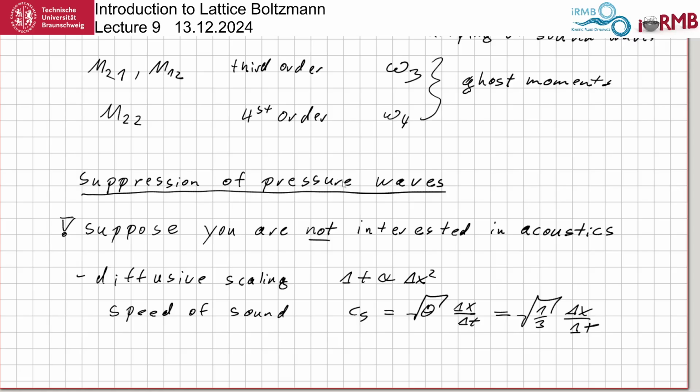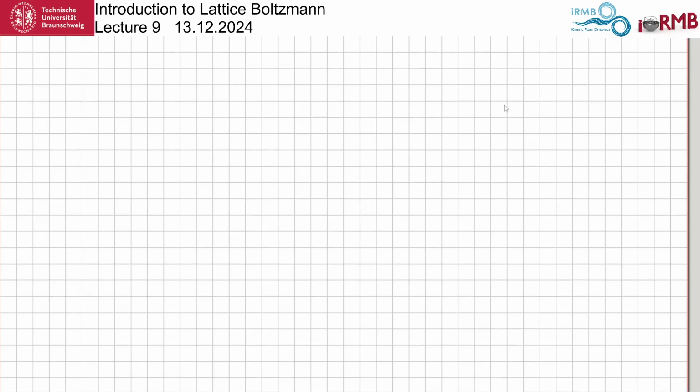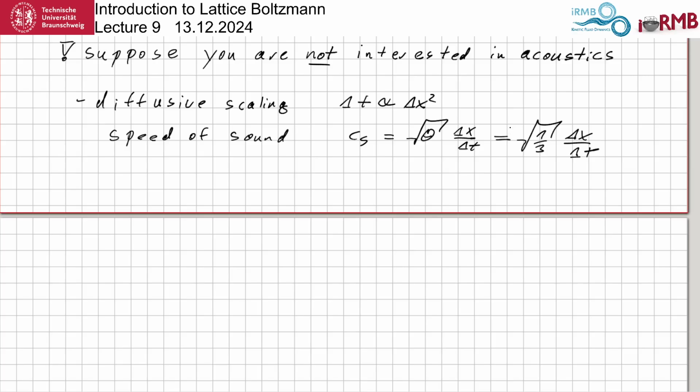Now you can introduce an artificial Mach number, which of course you're only allowed to do if you're not interested in acoustics, because then waves don't move with the right velocity. Artificial Mach number. So say we have the limit of delta T going to 0.